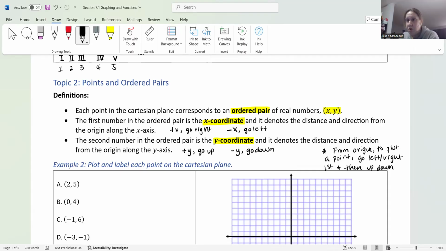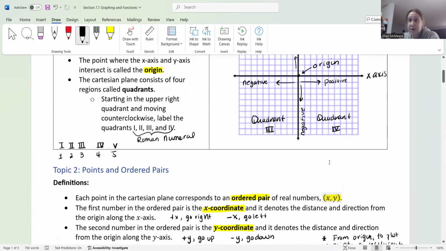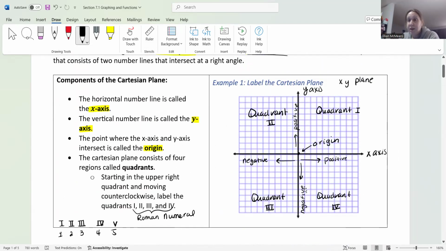But we always start at the origin. We either go left or right. And then from wherever we end up on the x-axis, we go up or down. Okay? So just really quick before we dive into an example, if you are looking at these quadrants, we have some really, really important points that I want to highlight. So I'm going to do them in red. Okay? The origin is always going to be denoted by the ordered pair 0, 0.